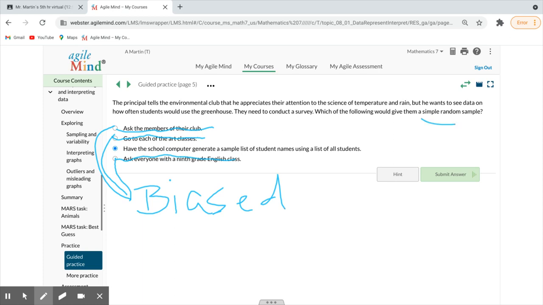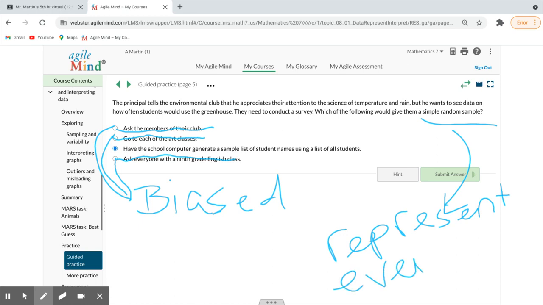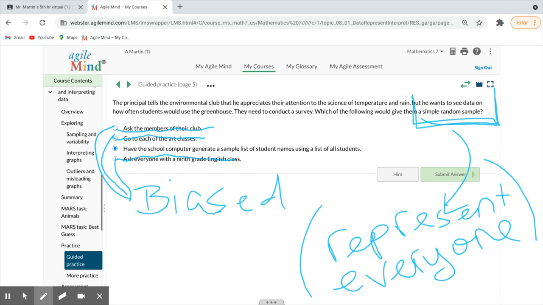So for it to be a simple random sample, it needs to represent who? The entirety of the population. Yes. So that's important. Everything that I'm writing down is very important.